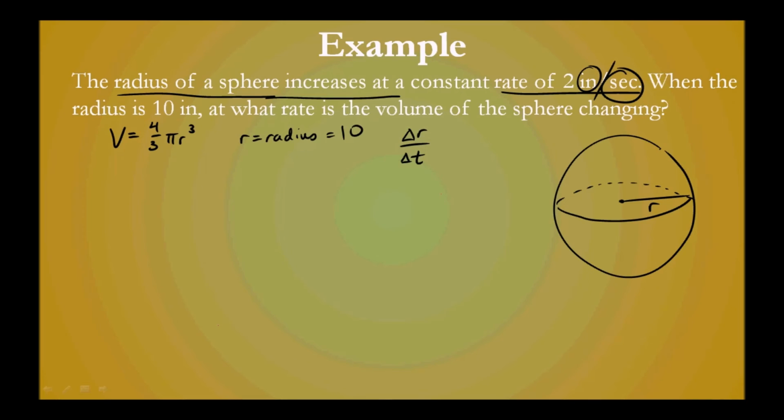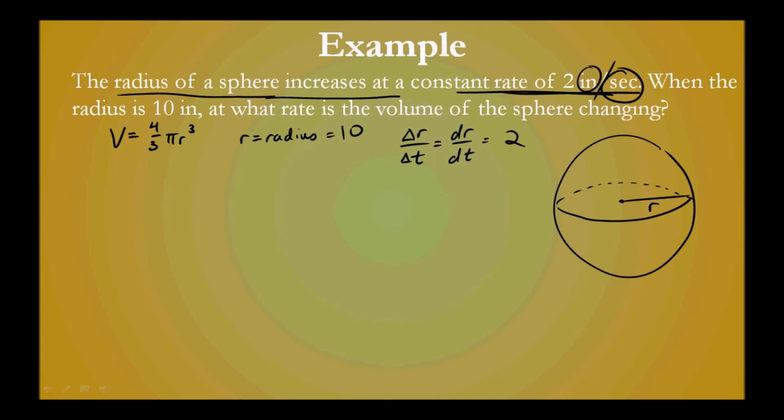Infinitely small changes in r are regarded as dr, and infinitely small changes in time t are dt. So dr dt is the derivative of r with respect to time, the instantaneous changes in r related to instantaneous changes in t. And this is 2, because this is our rate of change of the radius.